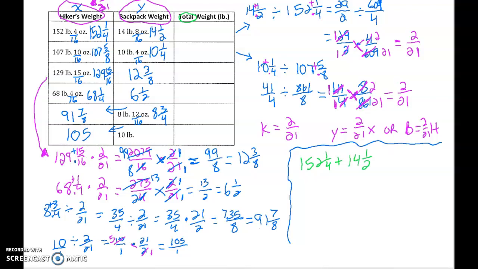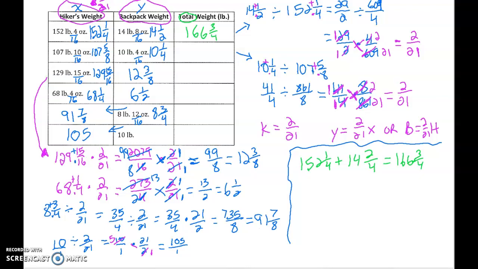But I need a common denominator, and I can rewrite 1/2 as 2/4. Same thing, but now I have the same denominator. 152 plus 14 is 166. 1/4 plus 2/4 is 3/4. So to get this last column, we are just going to add the work we've done together.